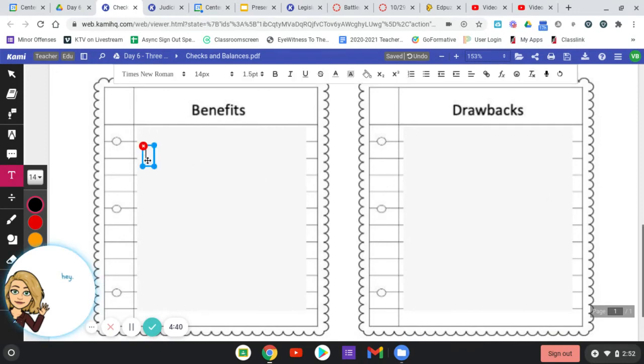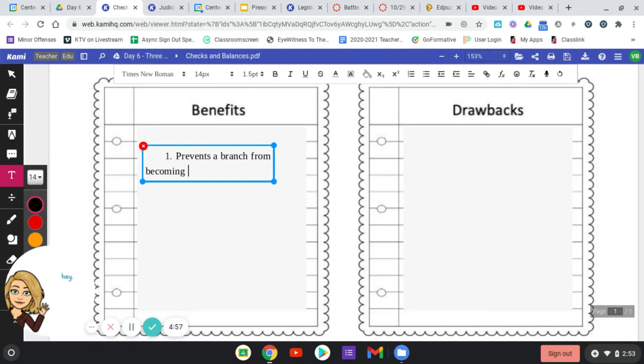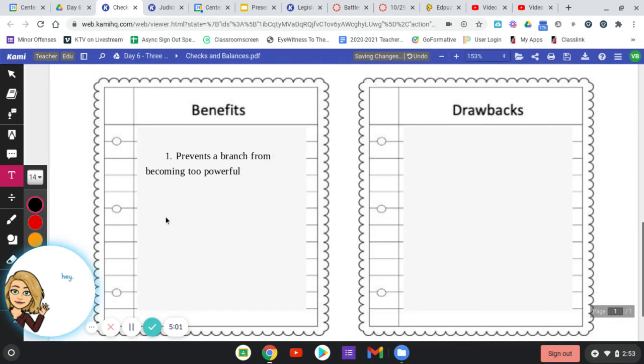So the first benefit is it prevents a branch from becoming too powerful. So no one branch can become more powerful than the others.